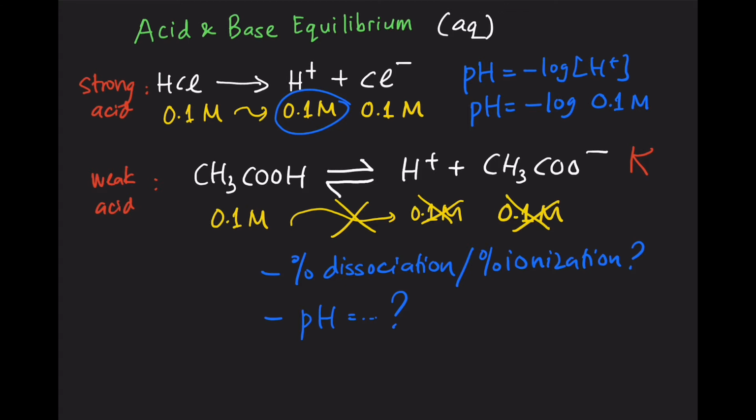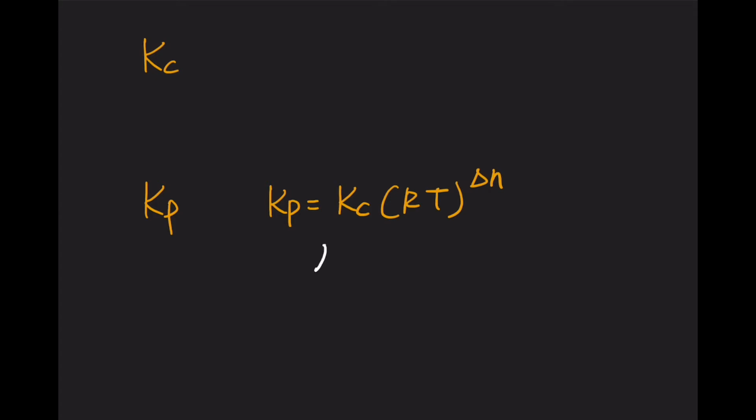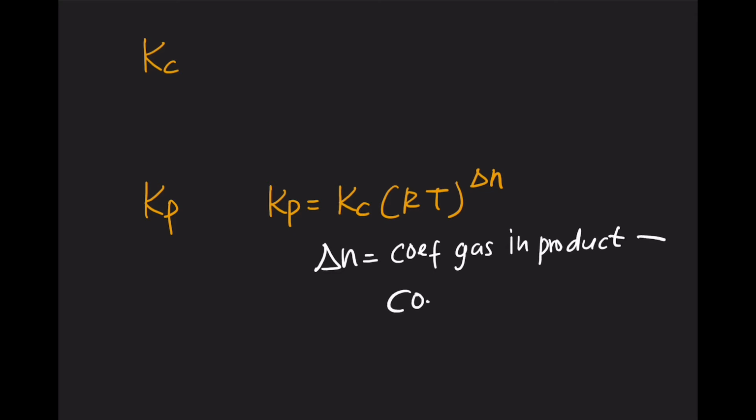But before that, let us discuss the K. Before, I have mentioned to you that we have Kc and Kp. And actually, we can have a mathematical relation between Kc and Kp, where Kp is equal to Kc (RT) to the power of delta n. Delta n is the coefficient of gas in product minus coefficient of gas in reactant.